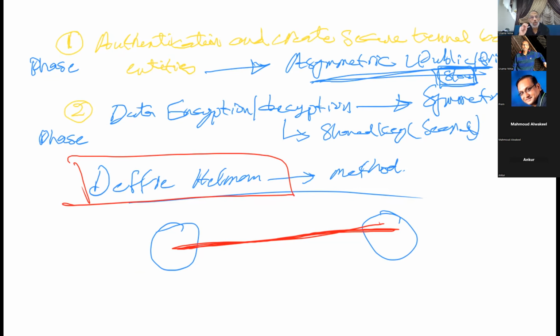Both of them will be able to create the same shared key, although there will be no data exchange between them, or the exchange will be minimal. By the end of this process, they both have the same shared key.